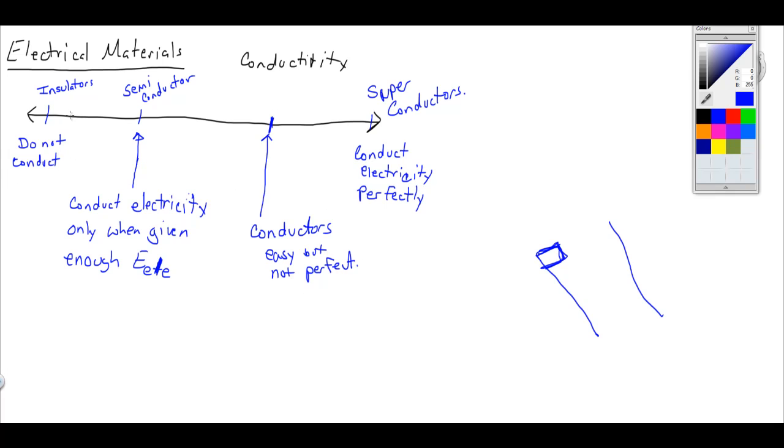Insulators would be plastic, paper, or wood. Semiconductors we know as silicon and germanium. And then superconductors are very special cases, like mercury and other various materials that we are continuously working on trying to find, because if we could get that, it would save a lot of energy from being wasted.